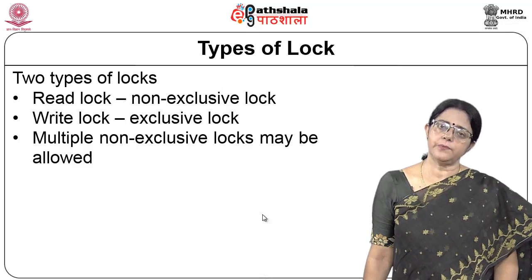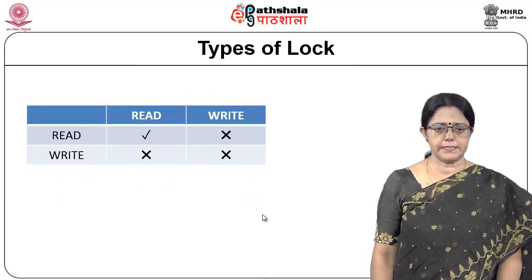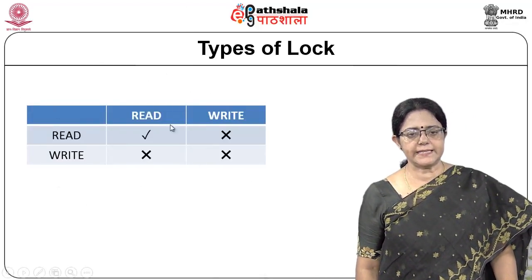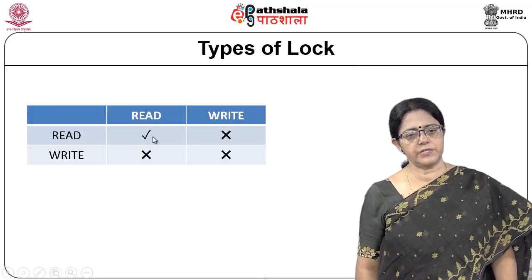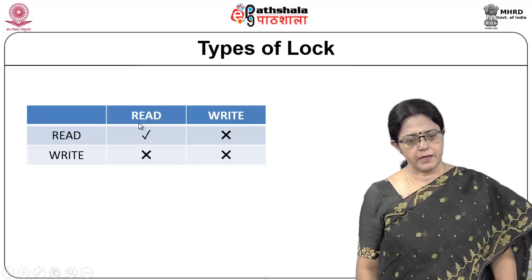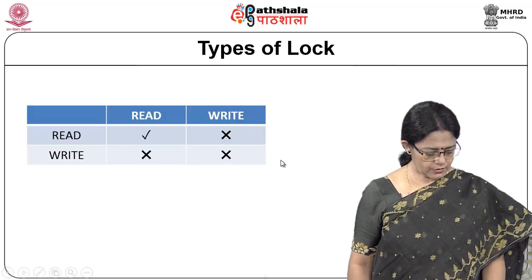Multiple non-exclusive locks can be allowed, but only one exclusive mode lock will be allowed. So, this is the table where we see that read and read is a tick, which means that a read can be used along with a read, but all other combinations are not allowed.